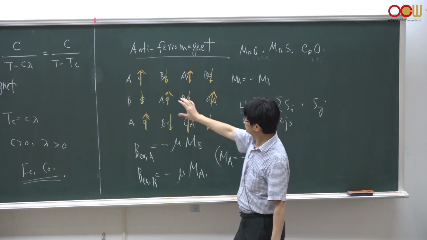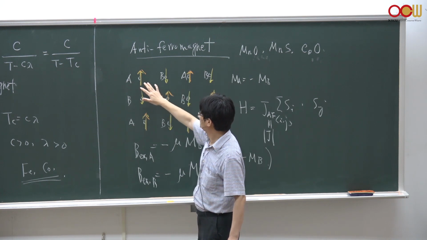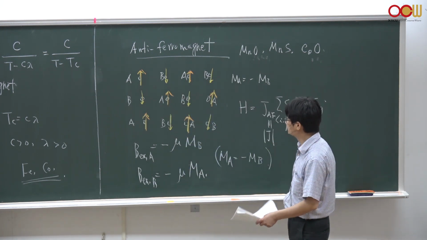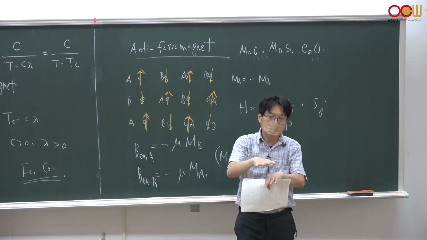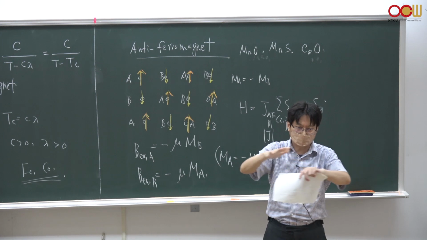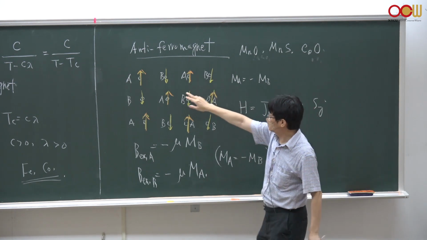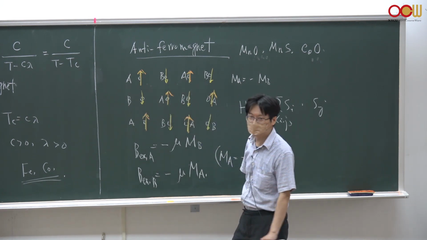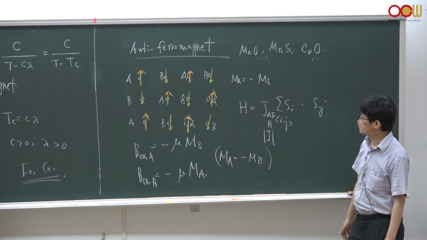So if you look at each sublattice A or B alone, they look precisely the same as ferromagnets. But then these two ferromagnets with opposite spin orientations get interlocked together. Okay, you get this kind of AB, up, down, up, down, up, down, up, down. And this is what we call an antiferromagnet.